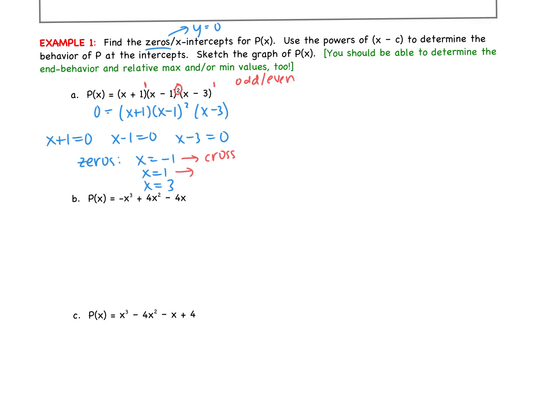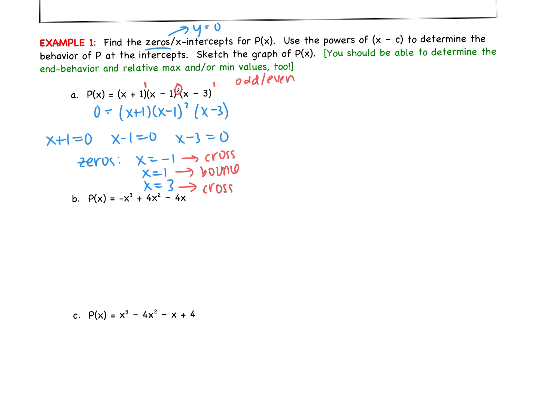Even power means that the graph will bounce. And then at x equals 3, we have an odd power again, which means that our graph will cross. This is almost enough information to graph this polynomial. It's not quite, but it's almost enough. Questions so far?